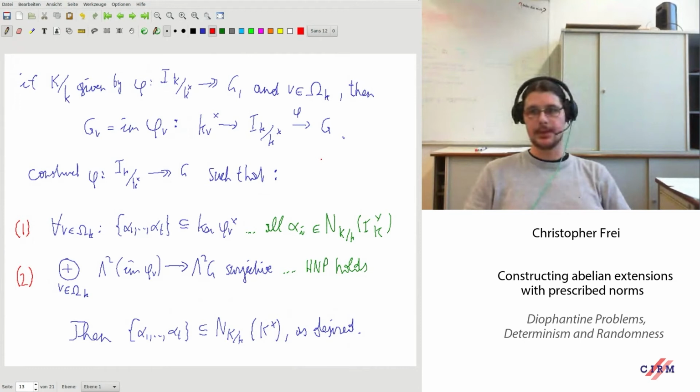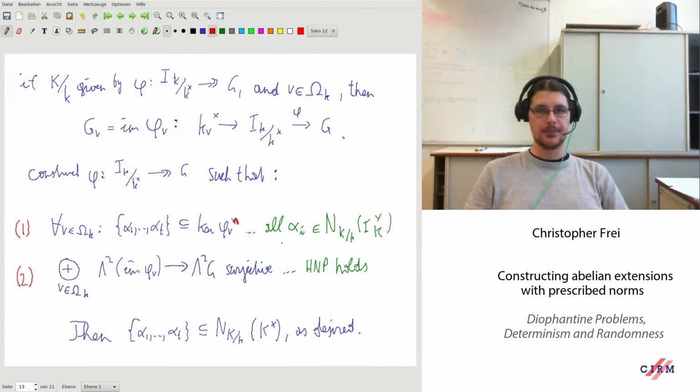So given all this, I can now formulate the goal of this construction. Which kinds of homomorphisms are we trying to find? We want to construct homomorphisms phi such that at all places, these elements alpha_1 up to alpha_t, which I want to be norms, should be in the kernel of this local map phi_v.